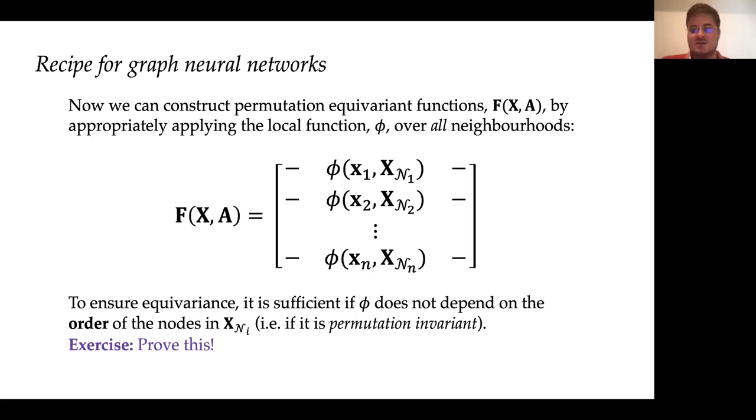And as a result, we want to be resistant to the exact order in which we feed the neighbors of that set. And therefore, phi should be designed to be permutation invariant. That is, if we can guarantee that phi is permutation invariant, we can guarantee that capital F will be permutation equivariant. And I think it's a very useful exercise to prove this, and I will leave this for you to do after the lecture. I very much recommend you do this. It's a great way to check that you fully understood the concepts behind permutation invariance and equivariance, especially on graphs.